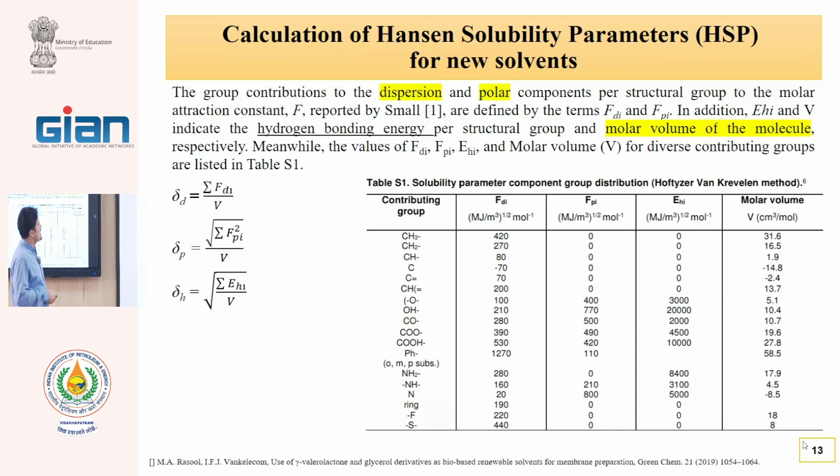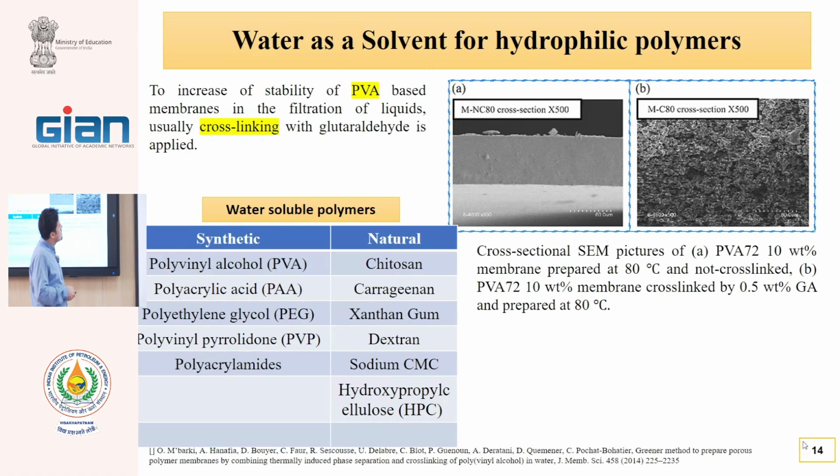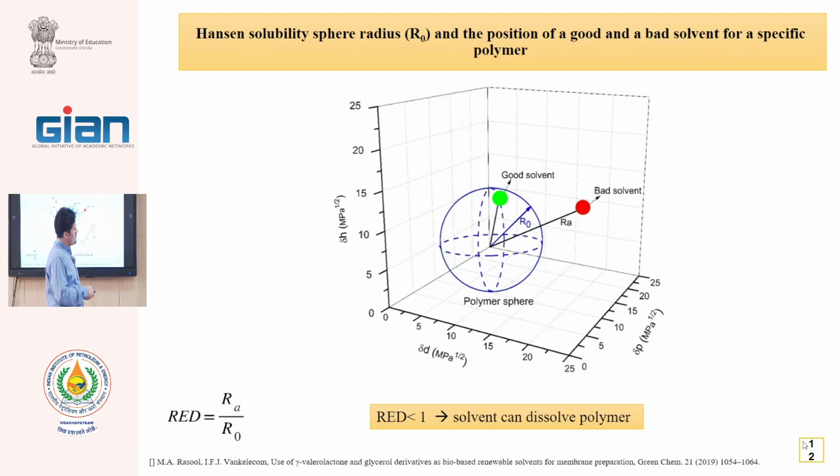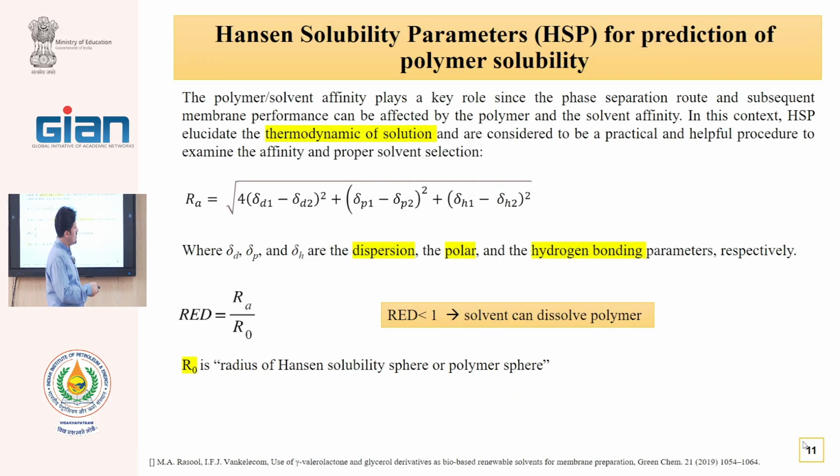Most of these sigma parameters are in tables. They are in handbooks. You can find these amounts, sigma D, sigma P, sigma H, for DMAC, DMSO, NMP in the handbooks, in the tables.